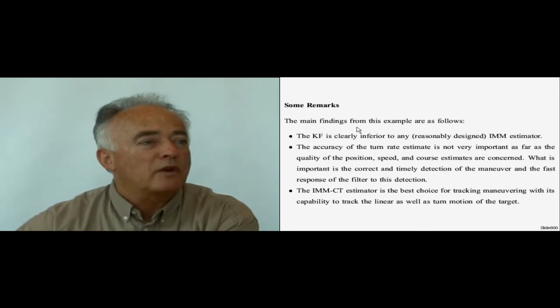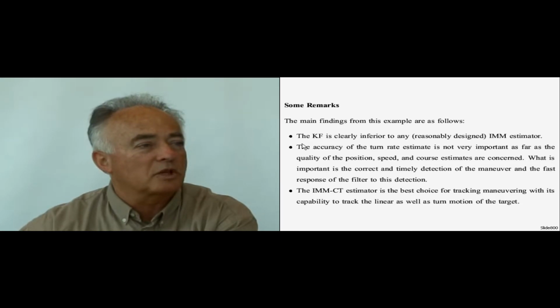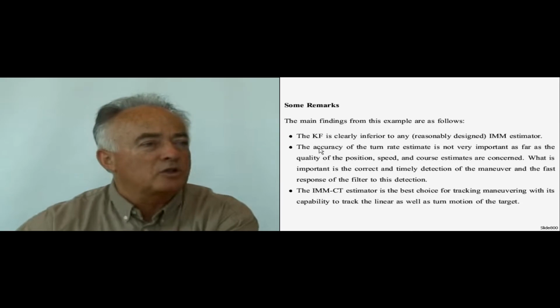So, the main findings from this example can be summarized as follows. The Kalman filter is clearly inferior to any reasonably designed IMM estimator. The accuracy of the turn rate estimate is not very important as far as the quality of the position, speed, and course estimates are concerned.